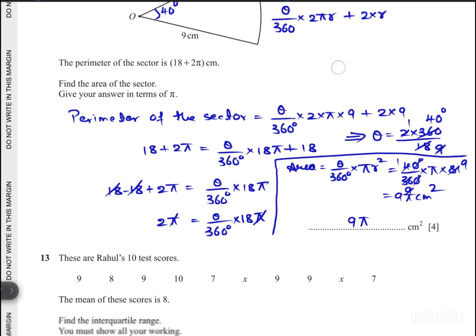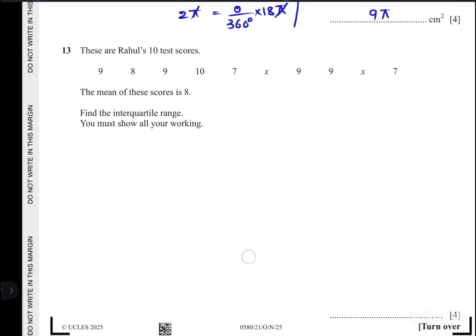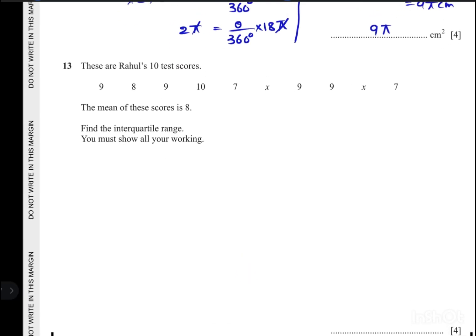Question 12 is done. Question 13. These are Rahul's 10 test scores: 9, 8, 9, 10, 7, x, 9, 9, x, 7. The mean of these scores is 8. Find the interquartile range. You must show all your working.